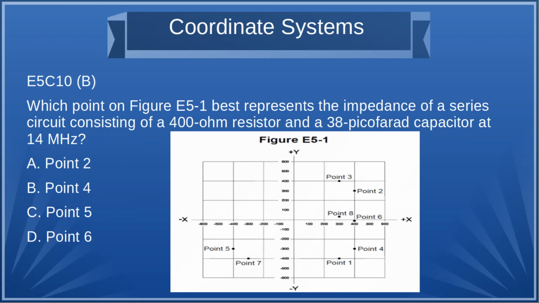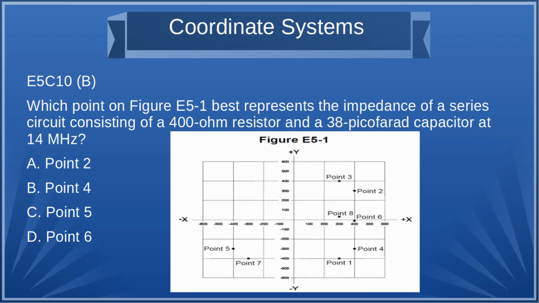First thing I do is figure out what quadrant. A capacitor is negative, so you can tell which of the 4 quadrants right away. The resistor is at 400 on the horizontal. A picofarad capacitor is positive or negative? Negative. So it's in the bottom right quadrant, and you got down to 2 points right off the bat.